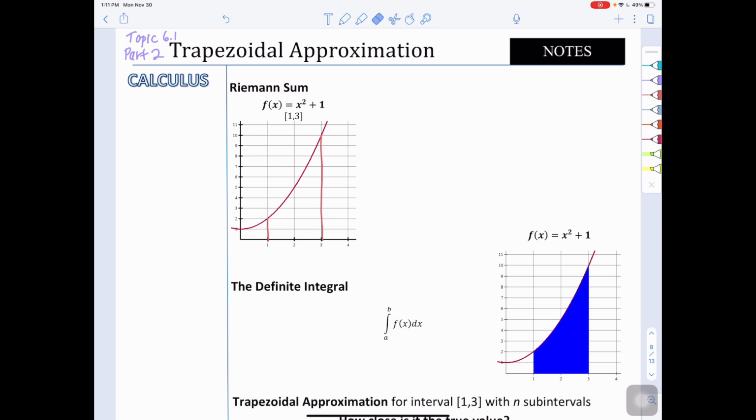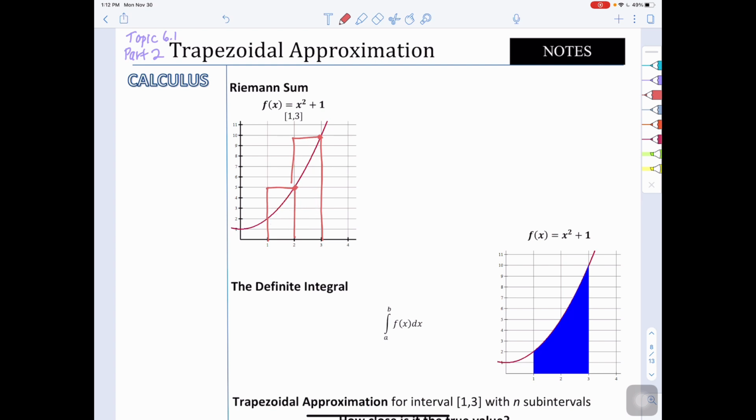3, we started with 2 rectangles. And those 2 rectangles, we used left endpoints and had this area. That was an underestimate, and then we used right endpoints and used this as our approximation of area under the curve, which was an overestimate.